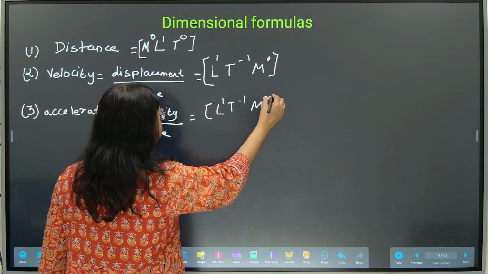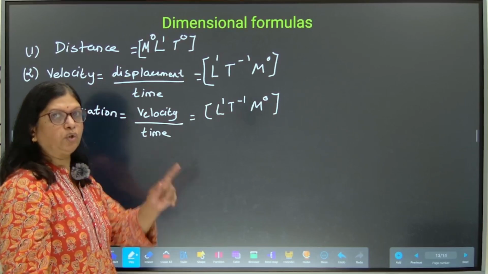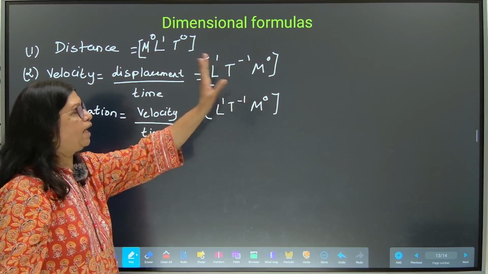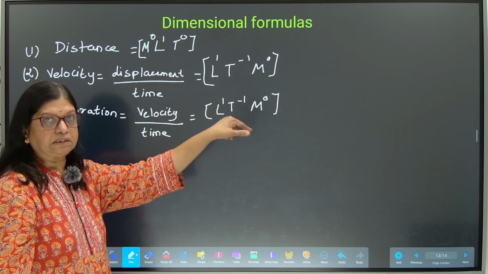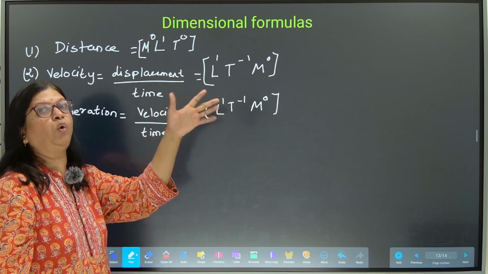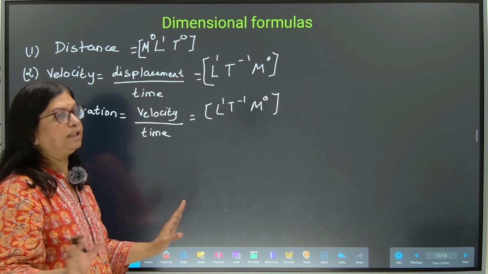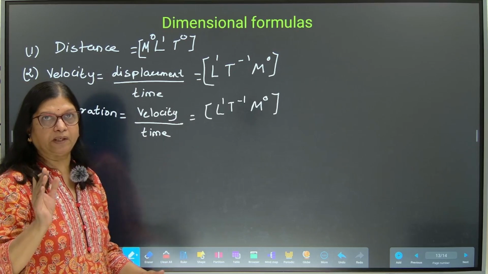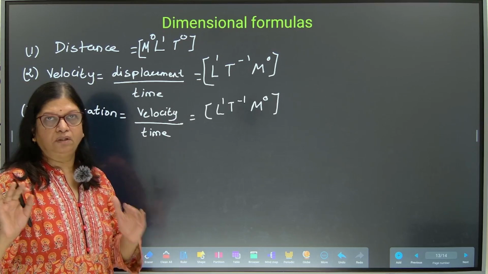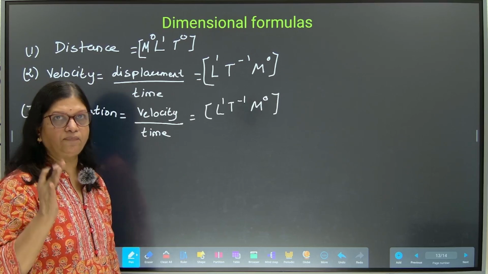Is it necessary to write M raised to 0? Yes. Though it does not have a dimension, 0 is the dimension of M. Is the sequence a worry? No. It is not necessary to have MLT as a sequence. You can shuffle the sequence. But once you write the sequence, you keep it throughout for the numericals when we use it.